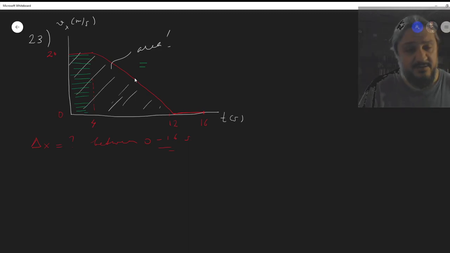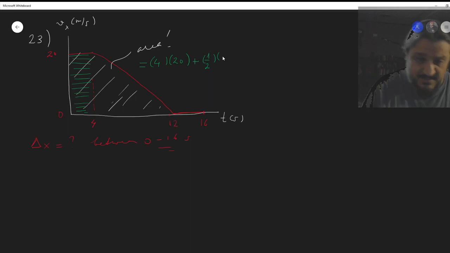So the area of the rectangle is 4 times 20. Alright? And now add the area of the triangle. Now the formula is 1/2 times base times height. Base is 12 minus 4. We multiply that by the height, which is 20. Okay?